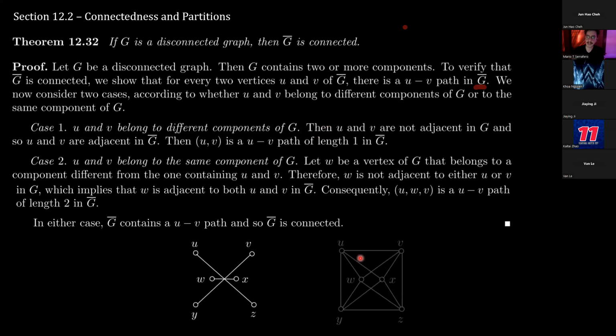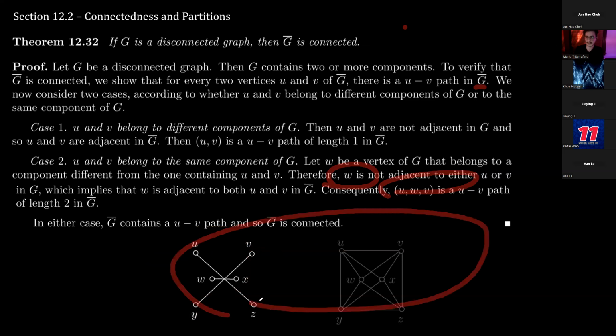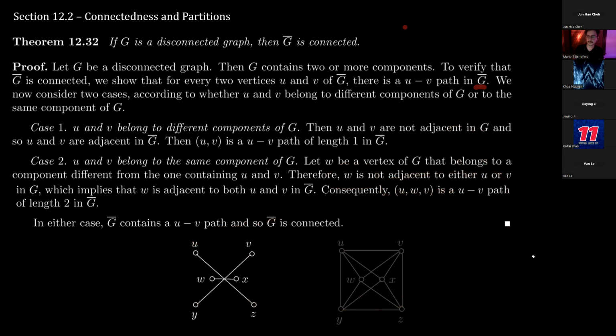So wait, the graph is just a picture. I guess I should have made this explicit: these letters don't necessarily correspond to these letters. I understand now that it's kind of unfortunate. I wasn't thinking about putting this in, like saying this is the one we saw in the previous slide, so this is not one that I made for this. I can maybe fix this for the slide so that the labels correspond.